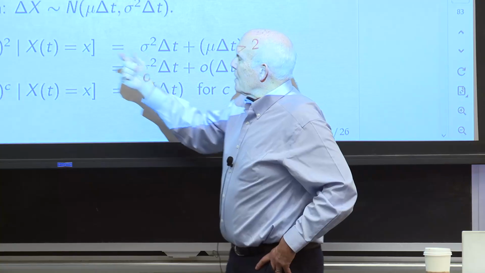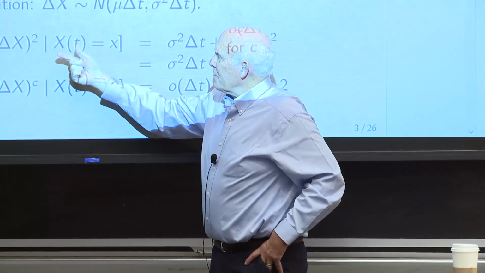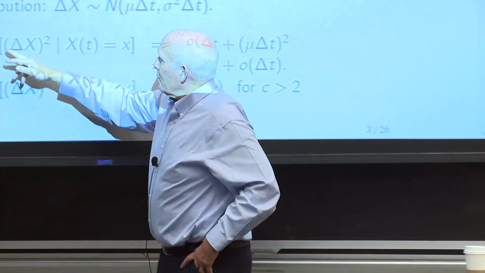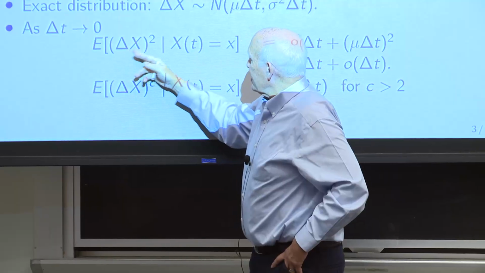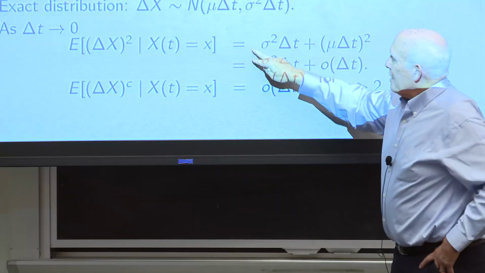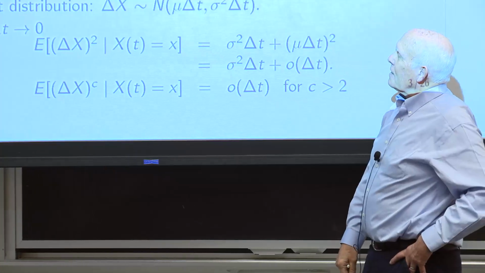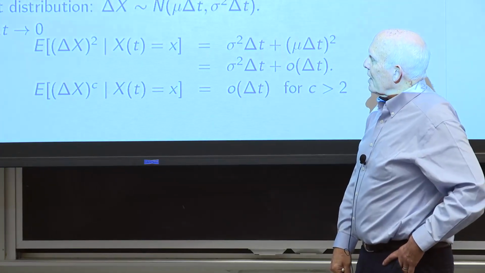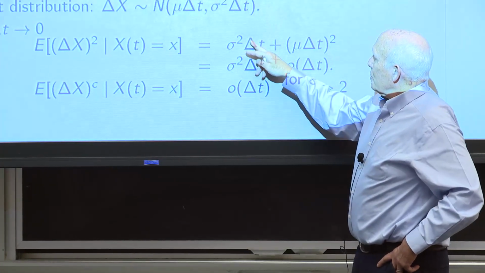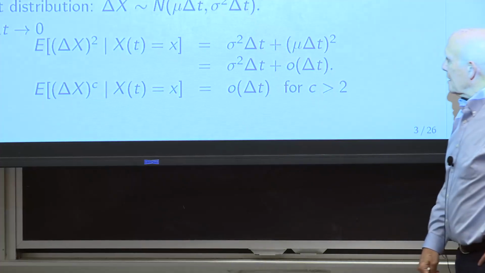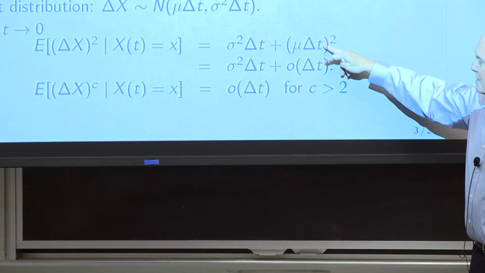And so if we look at the infinitesimal increment for delta t, then the expected squared value of the Brownian motion increment is equal to sigma squared delta t plus mu delta t squared.